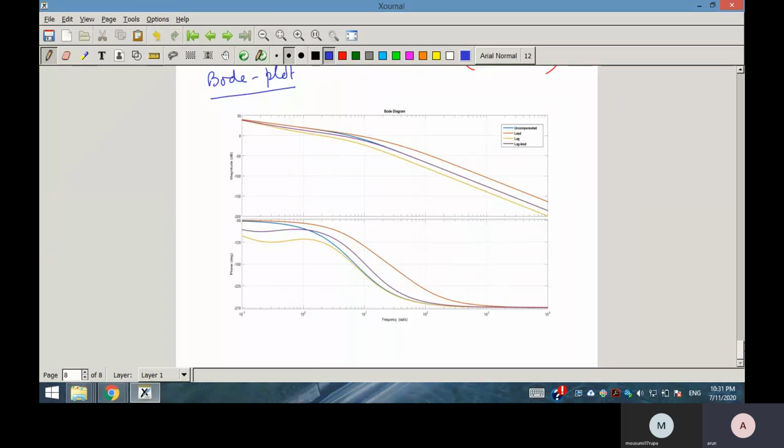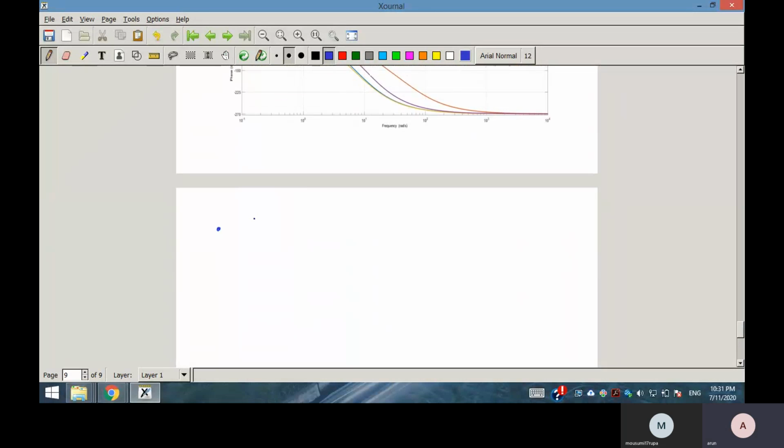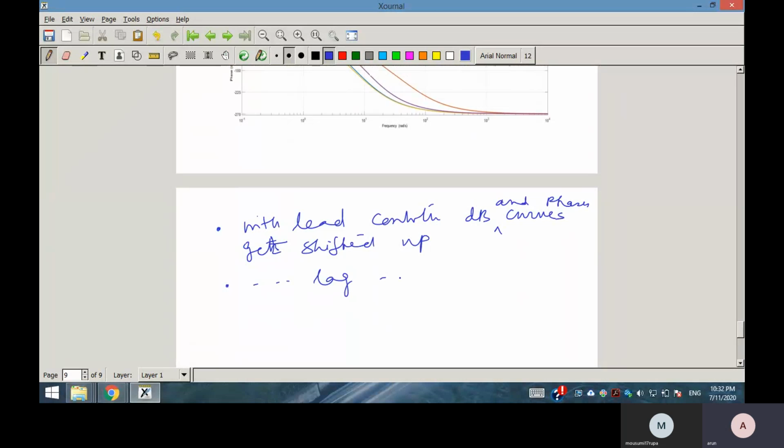What is the point? The point is, with the lead controller, the gain curve as well as the phase curve get shifted up, and with the lag controller, what happened?